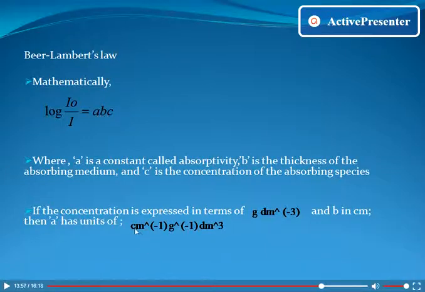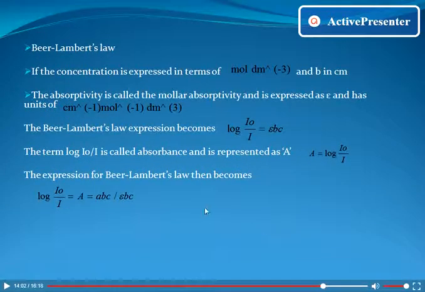But for the concentration expressed in moles per decimeter cubed, and B in centimeters, the absorptivity is called molar absorptivity, and is expressed as epsilon. These are the units of epsilon, the molar absorptivity.